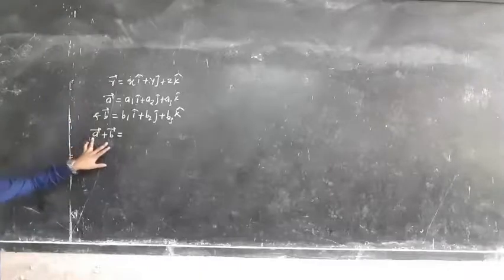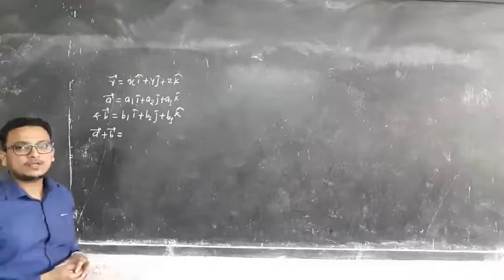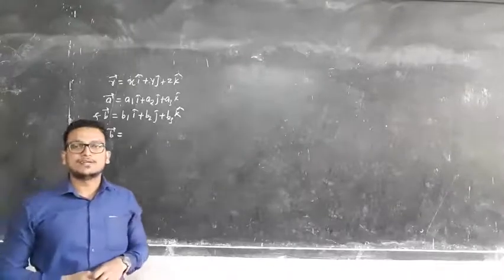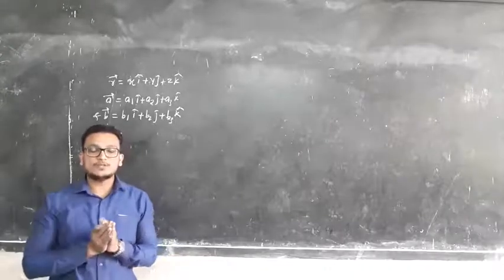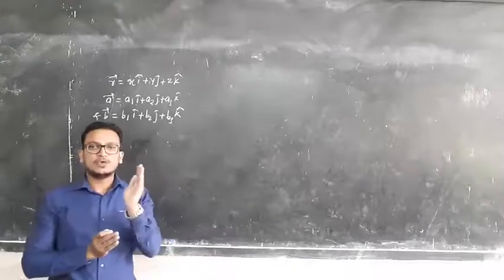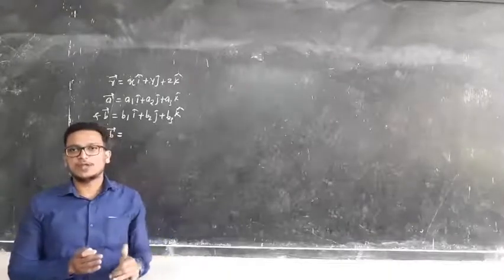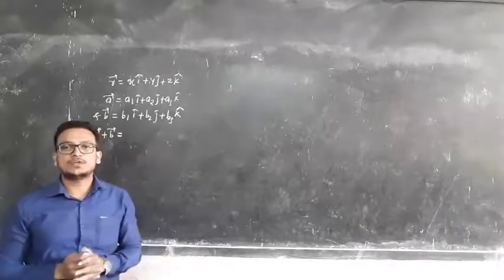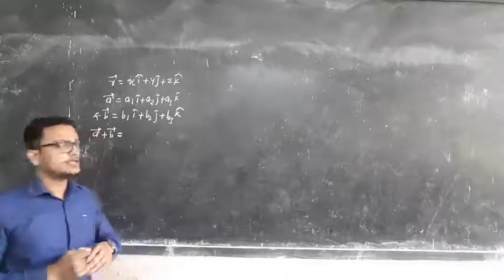So how to add these two vectors now? We have to add their corresponding components. Corresponding component means what? The coefficient of i we have to add, plus the coefficient of j we have to add in one bracket, plus the coefficient of k we have to add in the third bracket. So that is what the corresponding elements are.